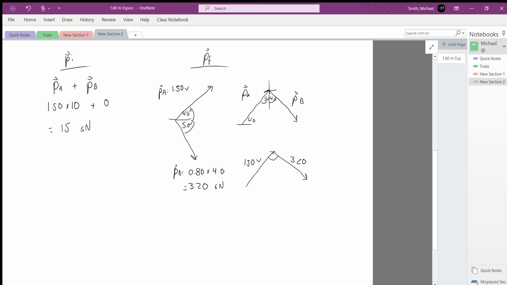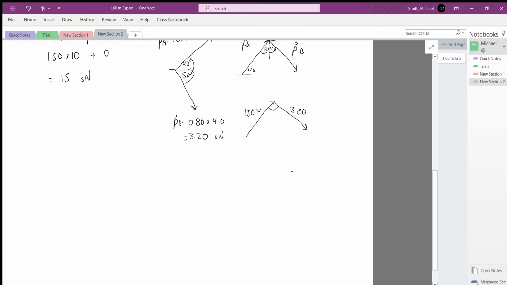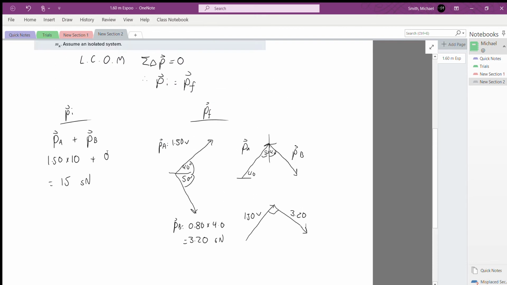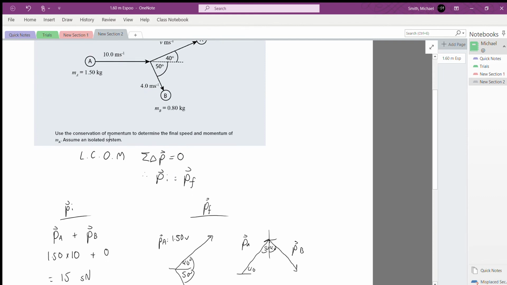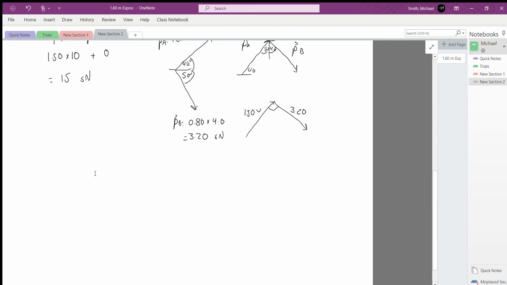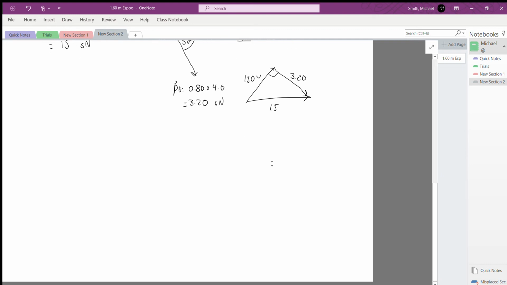3.2 kg m/s. Now, from the law of conservation of momentum, we know the initial momentum is equal to the final momentum. The initial momentum was just a horizontal momentum at 15 kg m/s, so therefore, this must be equal to 15. Now it's just a matter of using Pythagoras' theorem to work out the value of v, because we have this right-angled triangle.